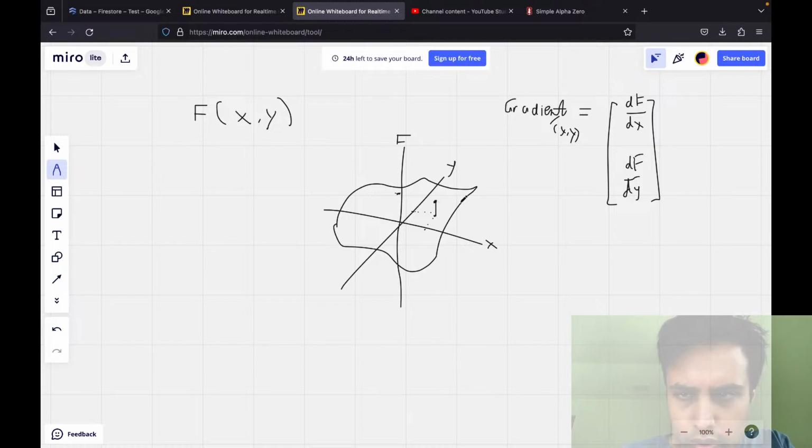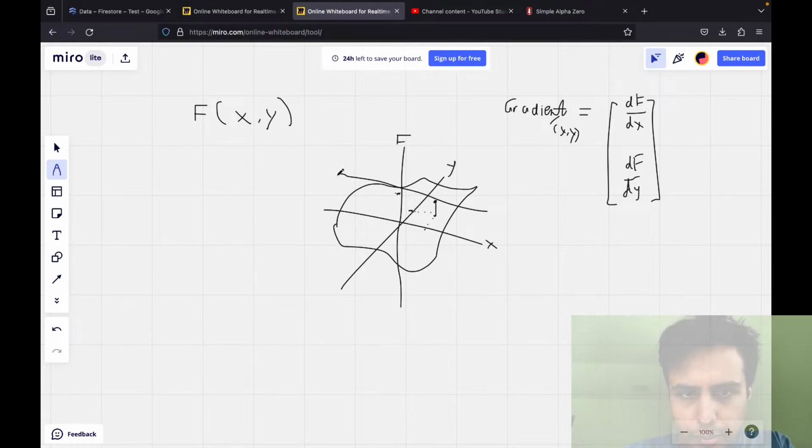So what is df dx? What does that mean? Well, if we take this y right here and pin it to this value, for a fixed value of y, we're chopping a slice vertically.